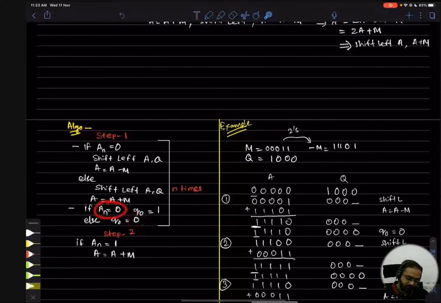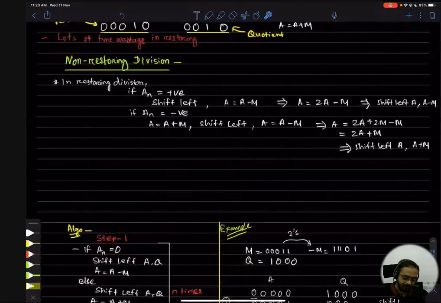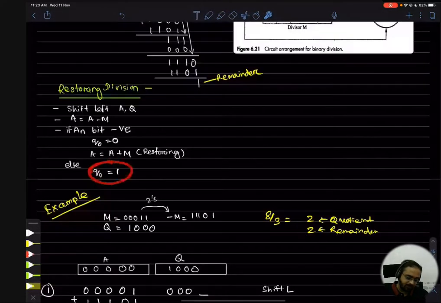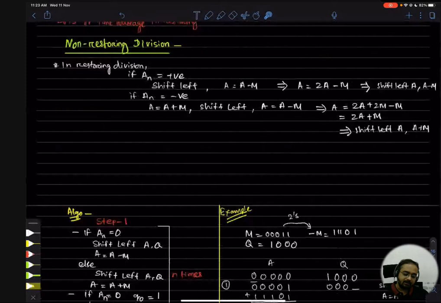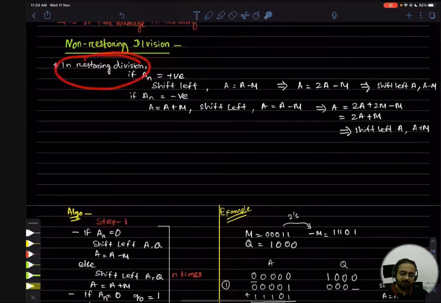A n bit is 0 means positive, that means q0 value is equal to 1. This is similar to the restoring division. The only thing we have changed is that we have taken the restoring division and interpreted it in a different way.